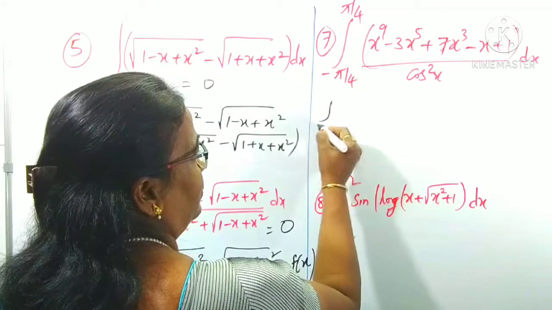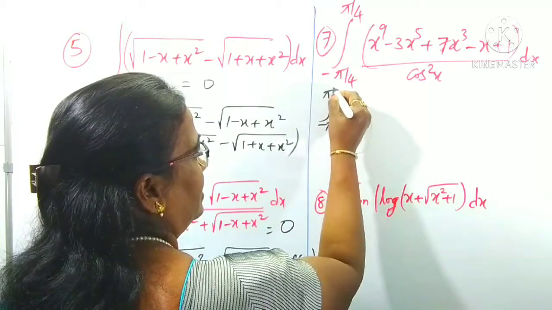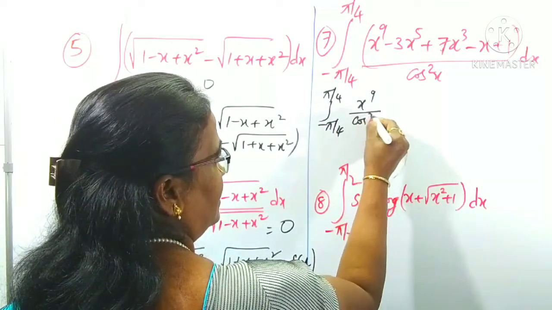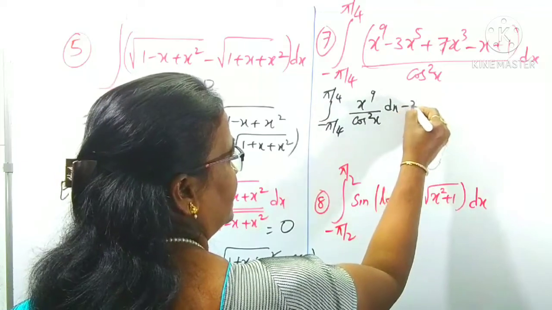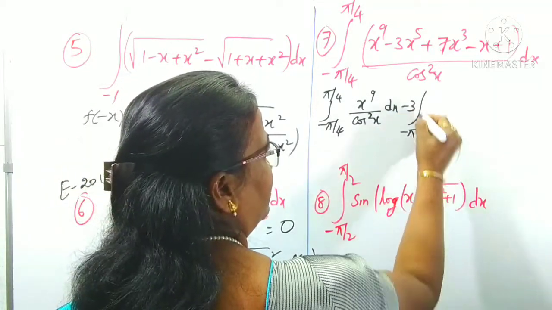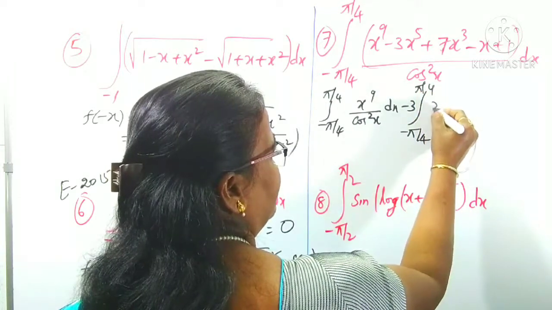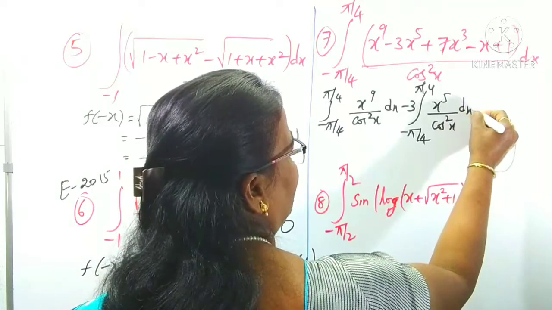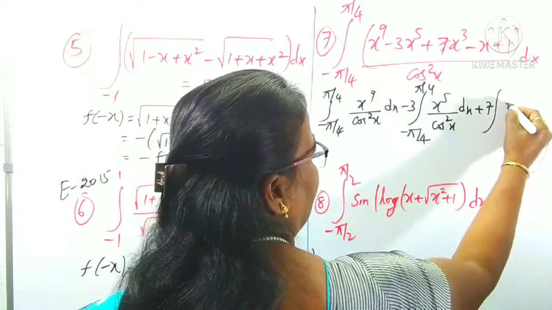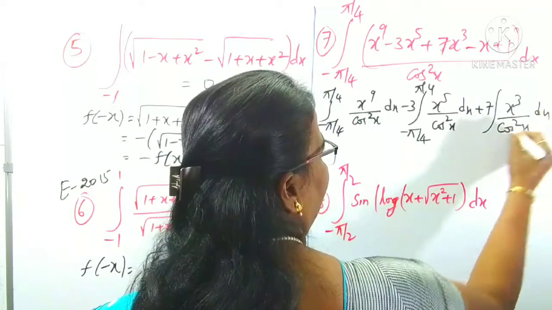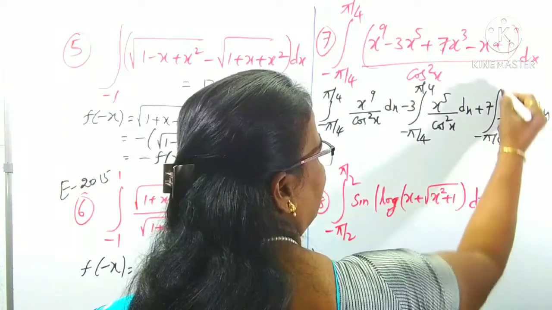Minus pi by 4 to plus pi by 4, x power 9 by cos square x, right, as one integral. Minus 3 is constant. The limits are from minus pi by 4 to plus pi by 4 with x power 5 by cos square x dx, plus 7 times x power 3 by cos square x with the limits minus pi by 4 to plus pi by 4.